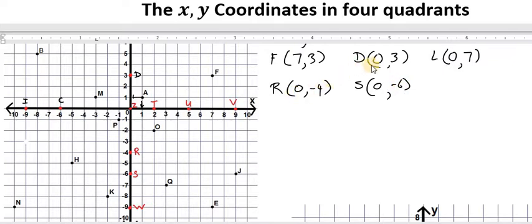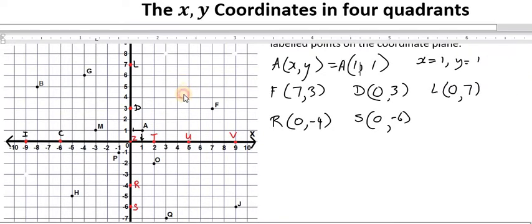So all these points with an x coordinate of 0 are located on the y-axis. Once a point is located on the y-axis, its coordinates will be (0, c), where c represents the y coordinate.